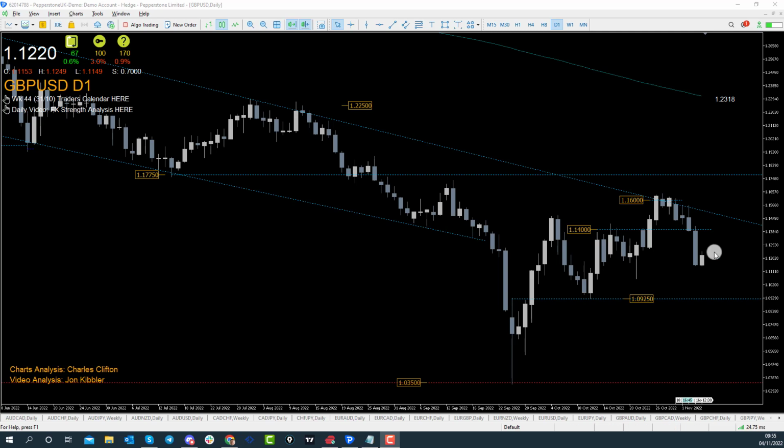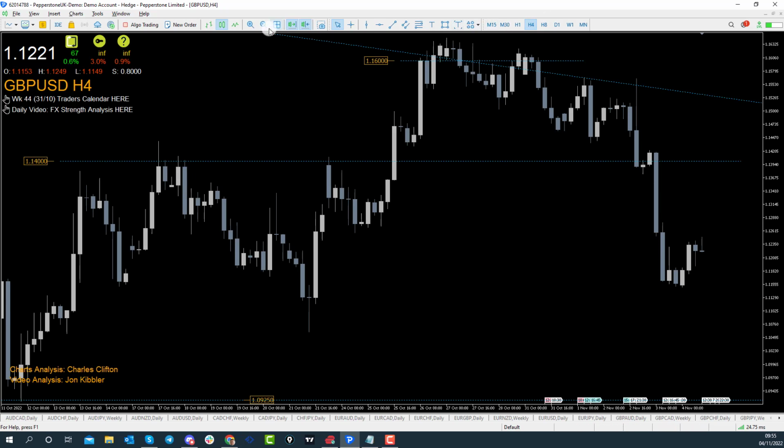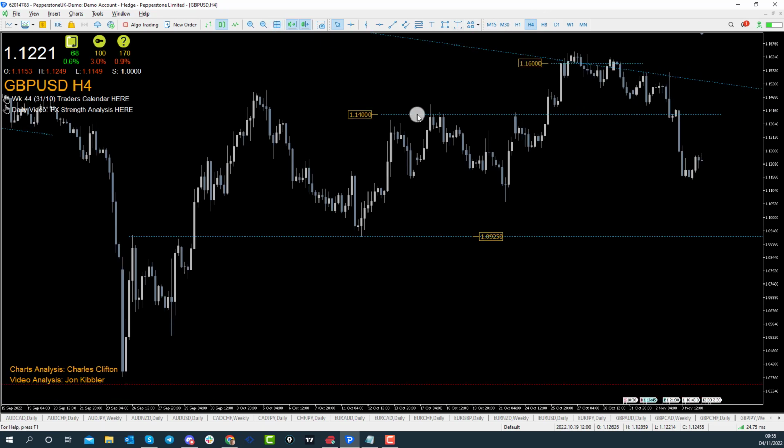Now, for your day traders, what you're going to be looking for is a little bit of a retracement phase, as well as the trend traders, because what we want to try and see is price make another lower high. And you see I've mapped out this 1.14 handle. The way I've picked that 1.14 handle up is from this short-term area through here, where you can see price has found some resistance in and around this 1.14 handle before seeing significant moves.